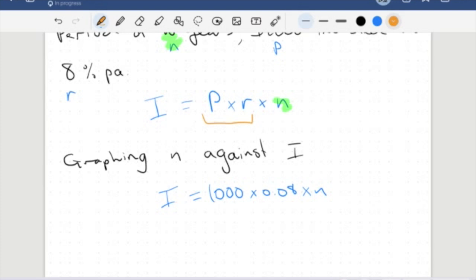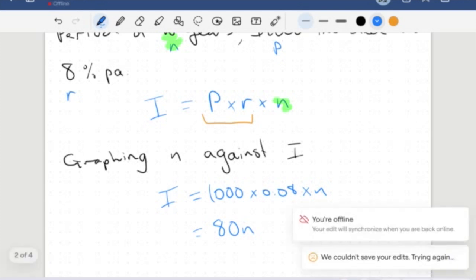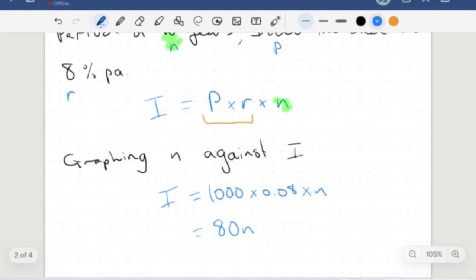So timesing through 1,000 by 0.08 is going to give us 80 times n. And we remember with algebra, when we have these letters, we just leave the number next to the letter, but as with a lot of things in algebra, this implies a multiplication sign.